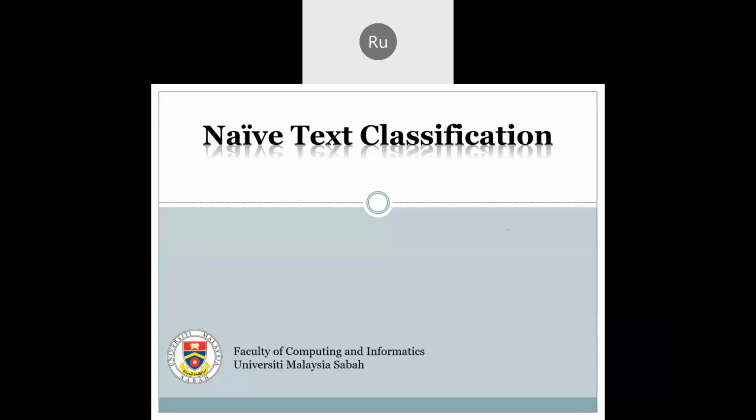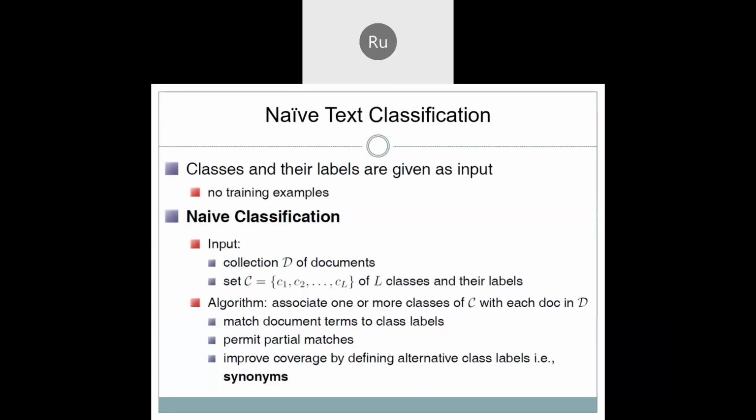They just call it naive text classification because we are using the distance between the document to assign the label. So basically, we are applying the technique that we used before in order to measure the distance between the query and the document. For the naive classification, they are defined to have a collection D, which is a set of documents, and we also have predefined classes.